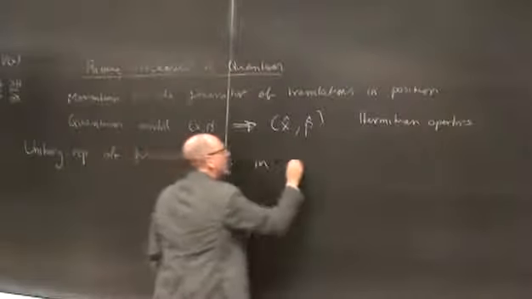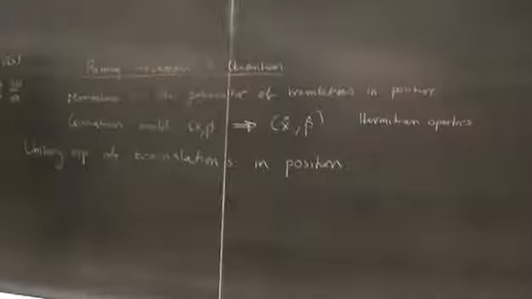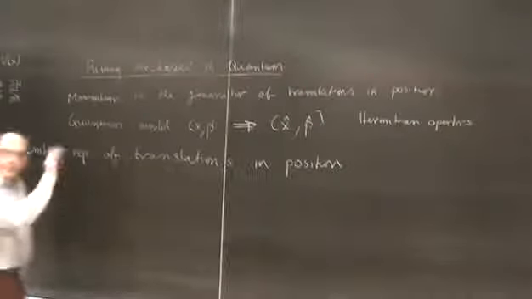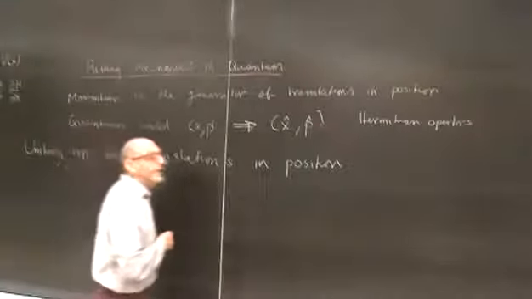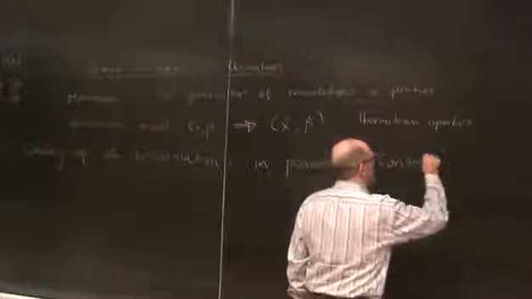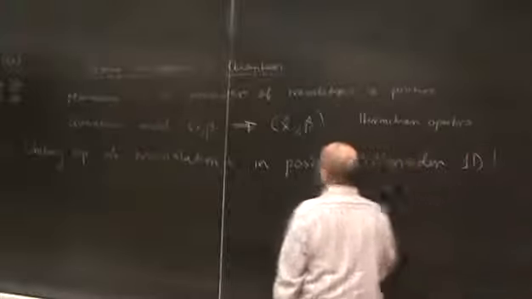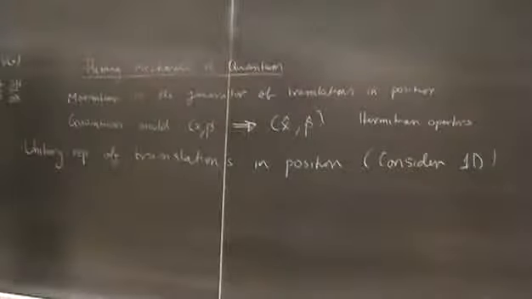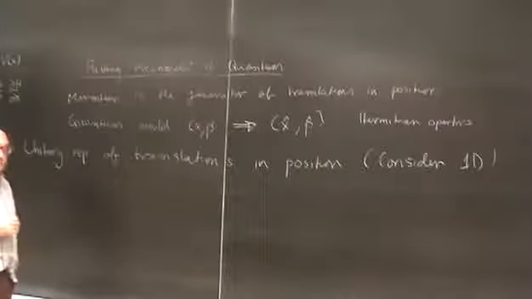Now, for the moment, I'm going to restrict my attention to one spatial dimension. We'll generalize that a little bit later, the subtleties involved when we think about 3 dimensions or multi-dimensions. Let's just think about 1D here. So these translations in position is a Lie group over the real line, okay?